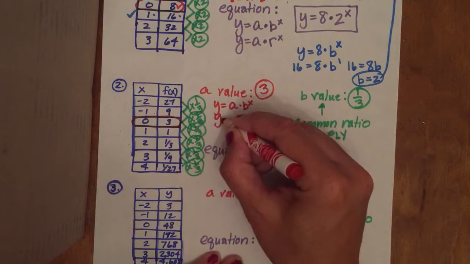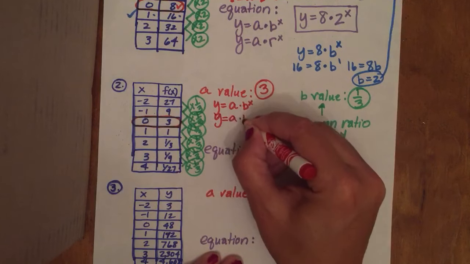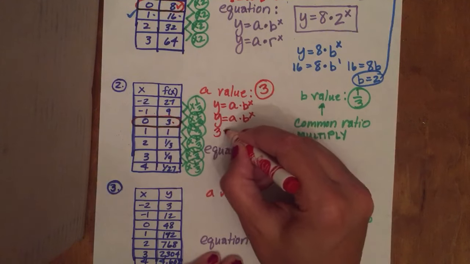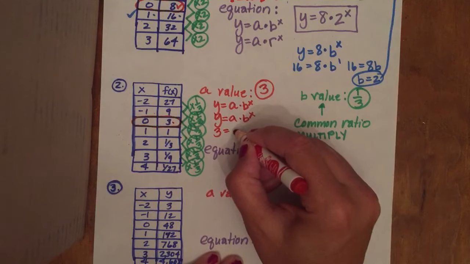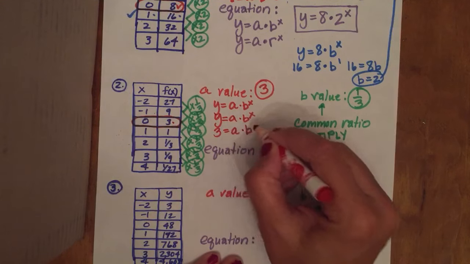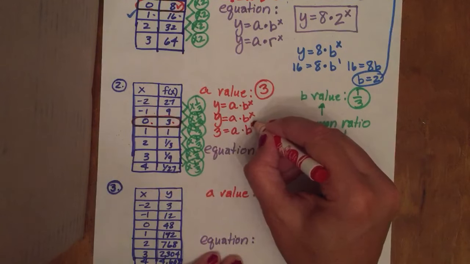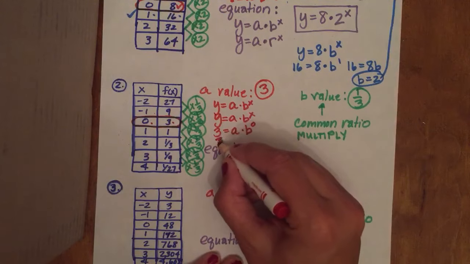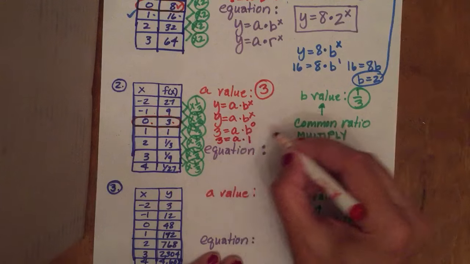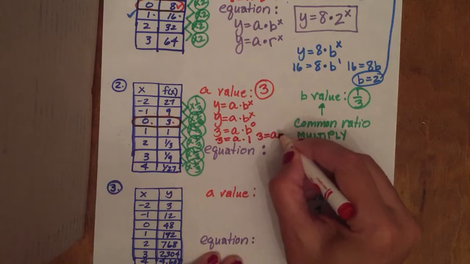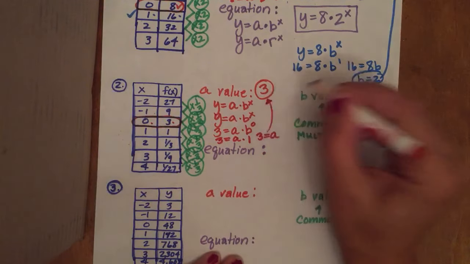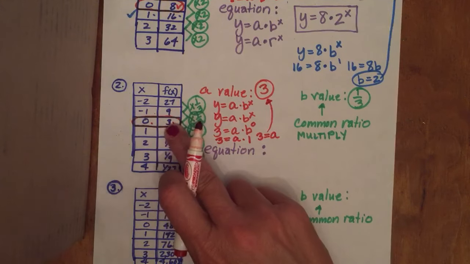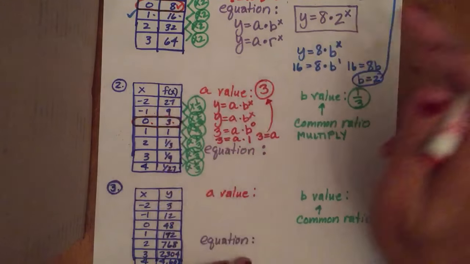So I have y equals a times b to the x again, so let's plug in. Let's plug in 3 for y, and let's plug in 0 for x. Anything to the 0 power becomes 1, so we end up with 3 equals a times 1, which is just 3 equals a, which is the same thing that we established. So anytime you have an x value of 0, that is your a for your exponential function.